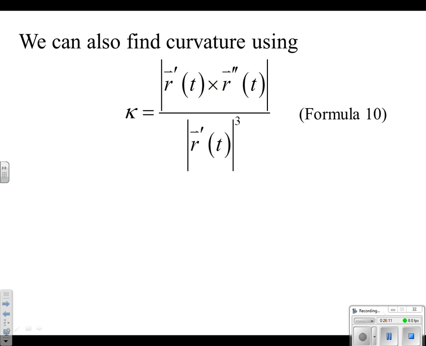If I had to choose between formulas 9 or 10, this is the way I would go. I just find it a little more straightforward. You don't have to worry about finding T or any of that stuff. Really, I would just memorize one of these two formulas, and it doesn't matter which one you use. But again, I personally am partial to formula 10.